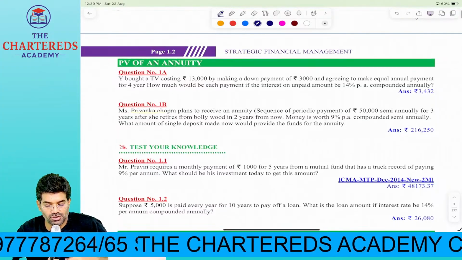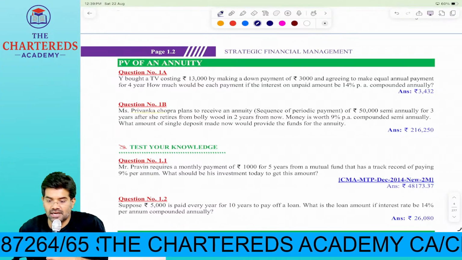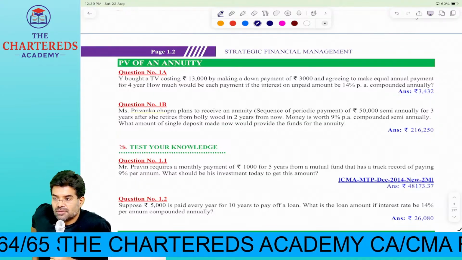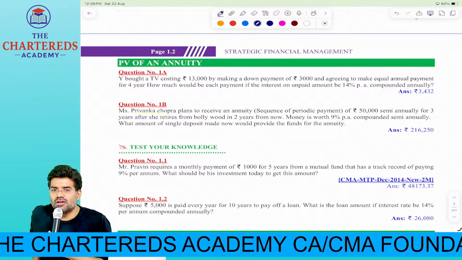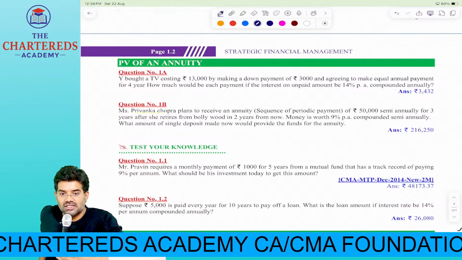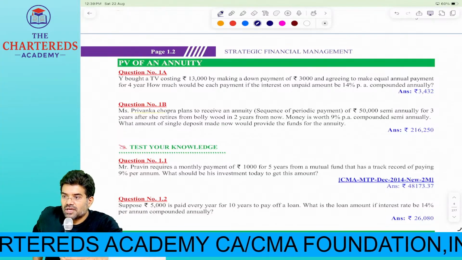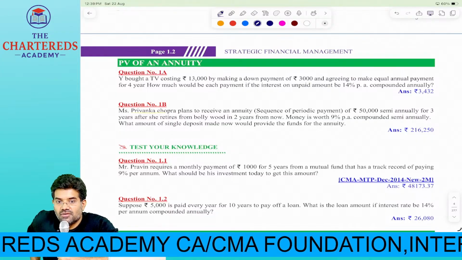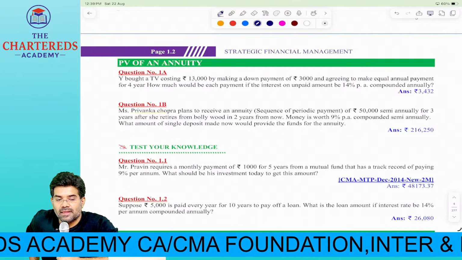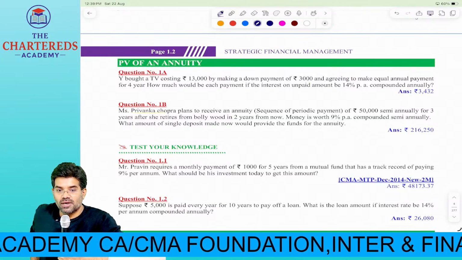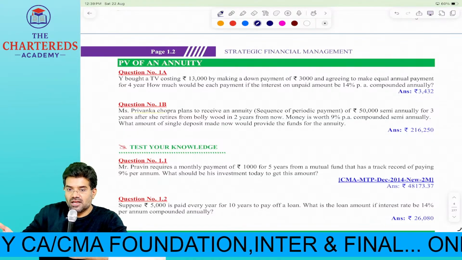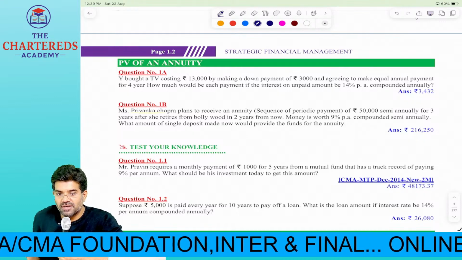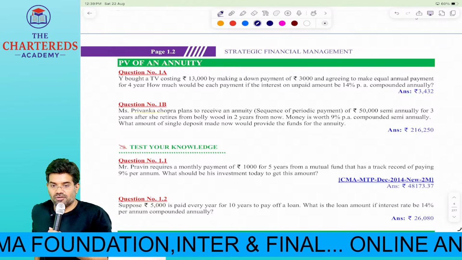See the first question, question number 1A. In reality, where we can use this present value of an annuity, ordinary annuity, especially installments. Installment case, equal installment case, we can apply which one? Present value of annuity only. That means if we buy something on installments and want to pay equal installments, what should we apply? You have taken a car loan.